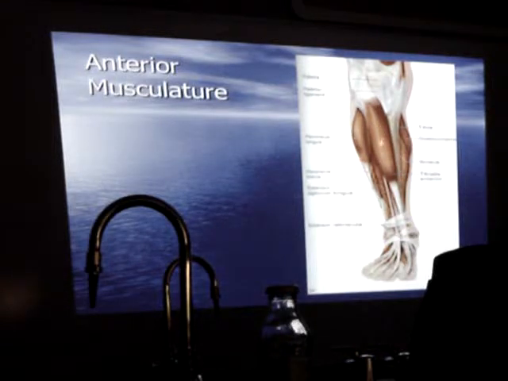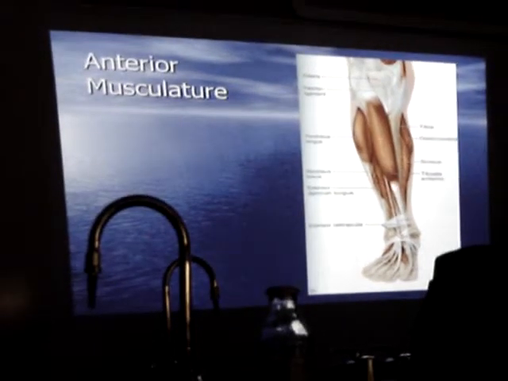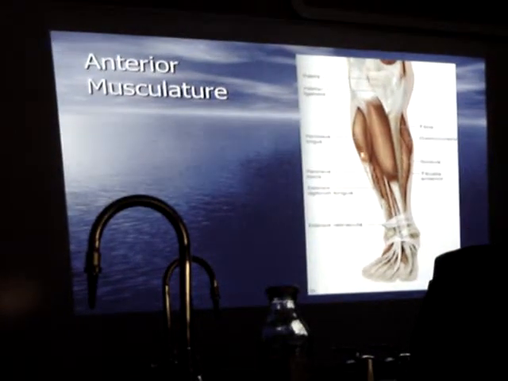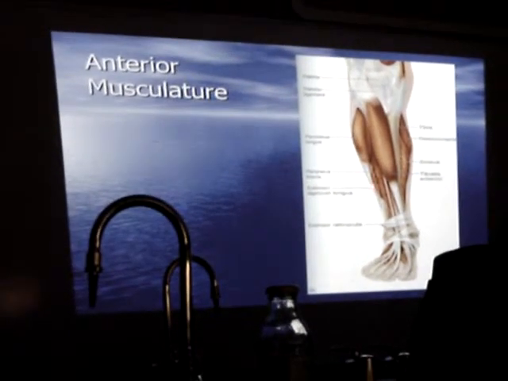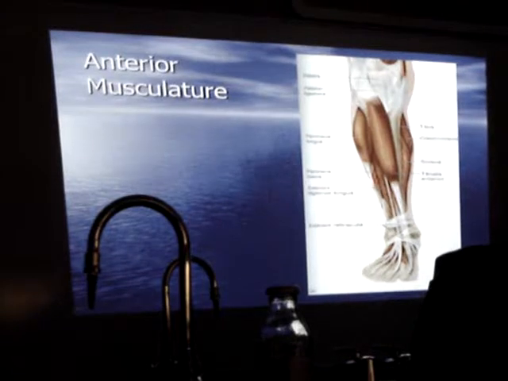But just lateral to that is a muscle called tibialis anterior, which you just can't miss, and it goes down to the foot. The side of the lower leg, the lateral side, is known as the peroneal or fibular region. And so we have peroneus longus and peroneus brevis that show up nicely on the model.